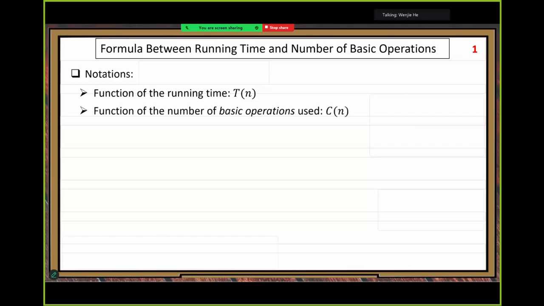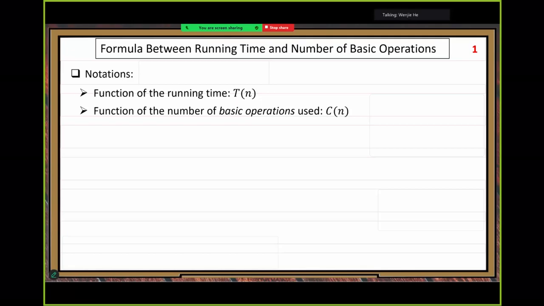But there is another function. We count the number of basic operations. So what are basic operations? In an algorithm, we may need to use multiple operations, right? For example, in our Module 1 part B, evaluate polynomials, we have multiplications, and we also have additions.